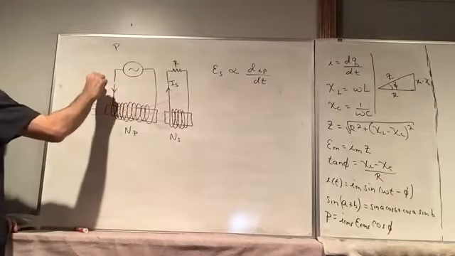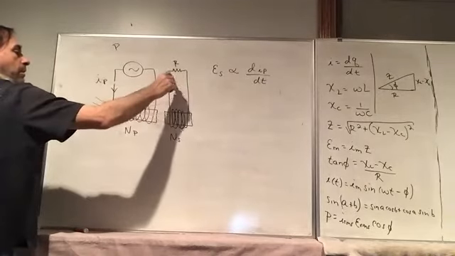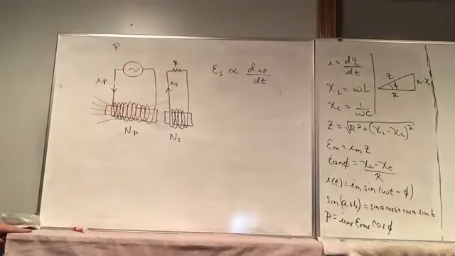Let's mix them up. I'm going to try to be consistent with the currents. But the changing primary current is what creates the EMF. So the more rapidly the primary current is changing, the greater the EMF in the secondary coil. So hopefully that's a reasonable thing to say.